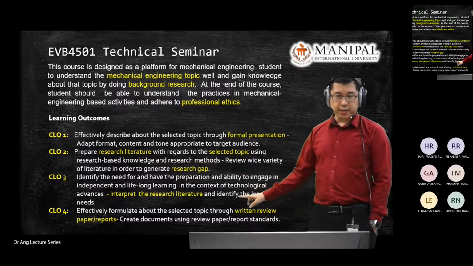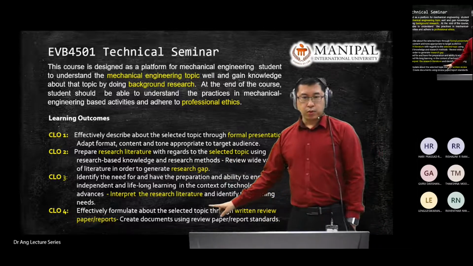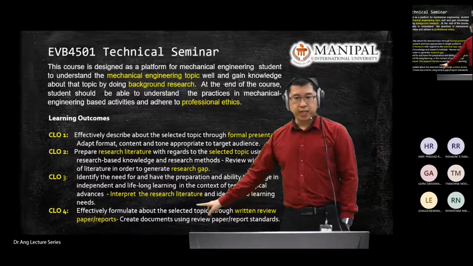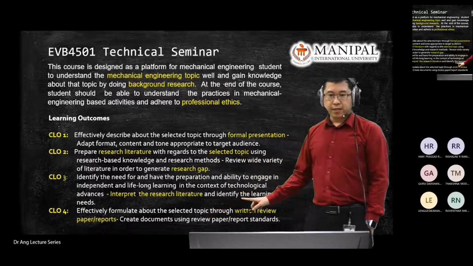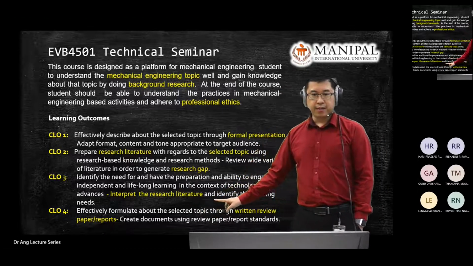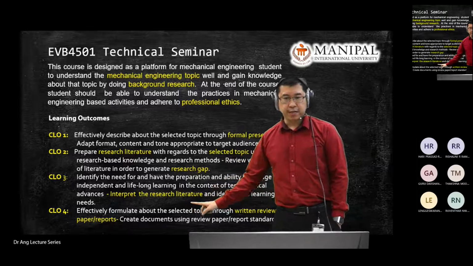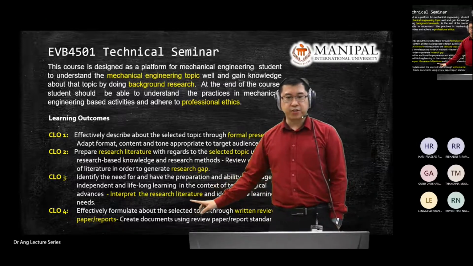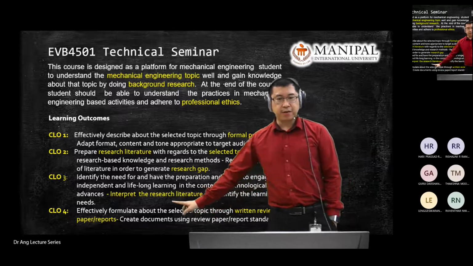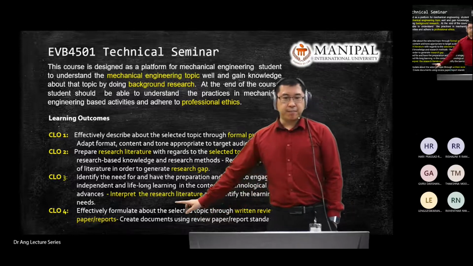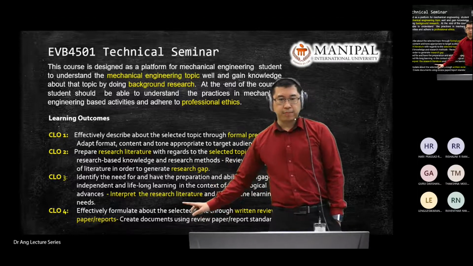The third one is you need to know how to interpret the material. Okay, interpret the books, interpret the journals, interpret the conference papers, interpret the data. How do you interpret all this?